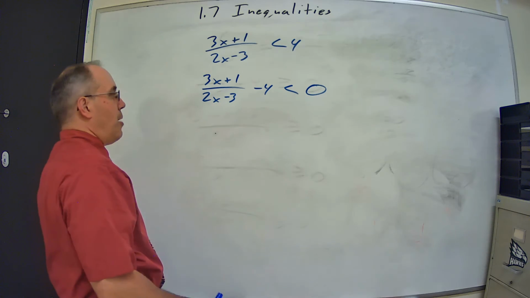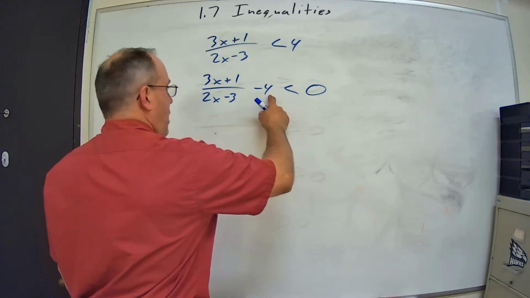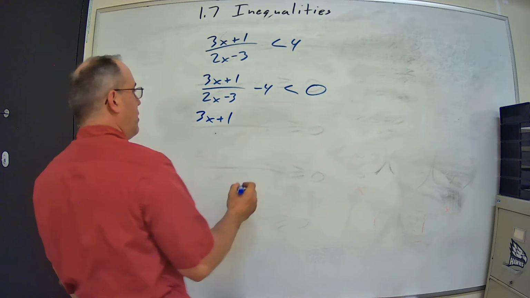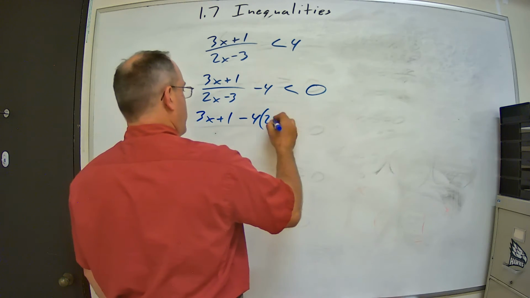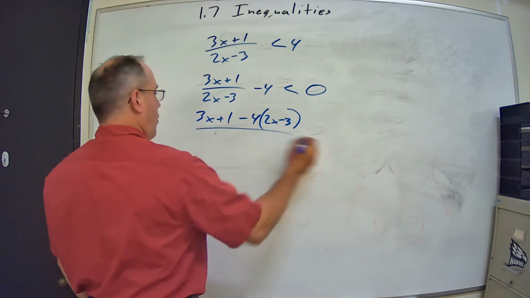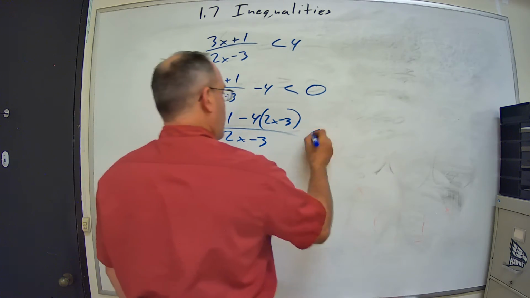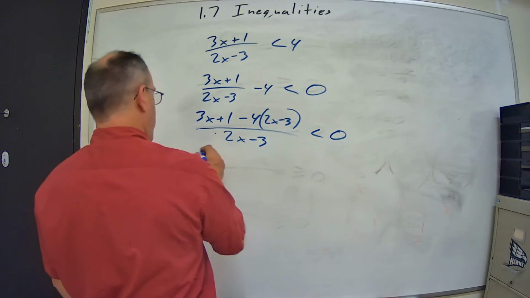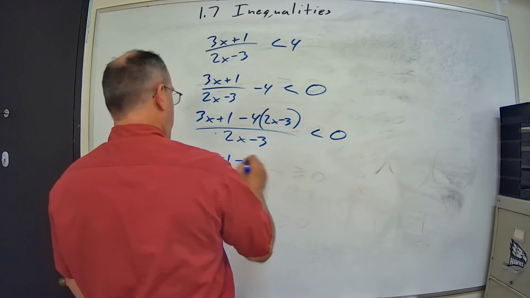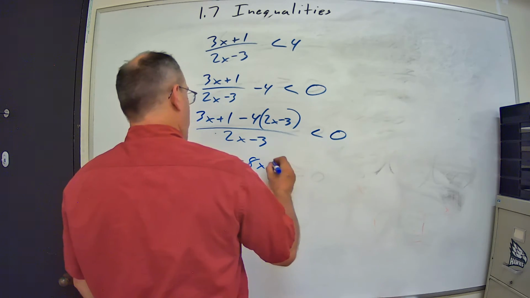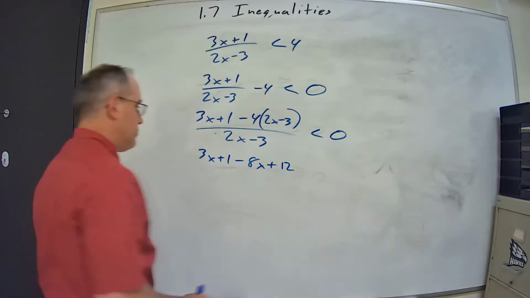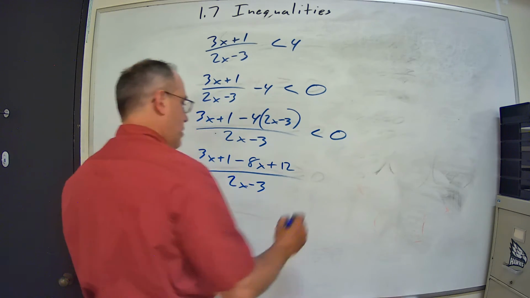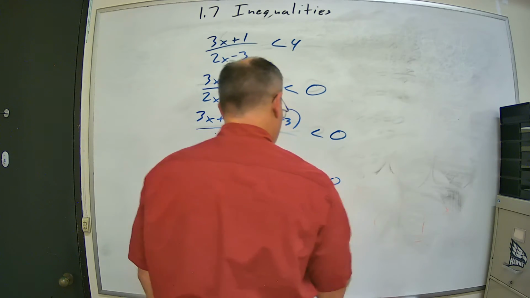Need to get that common denominator, so we're going to end up multiplying the top and bottom of this by 2x minus 3. So we have 3x plus 1 minus 4 times 2x minus 3, all over 2x minus 3, less than 0. Distribute that through. 3x plus 1 minus 8x plus 12 over 2x minus 3 less than 0.